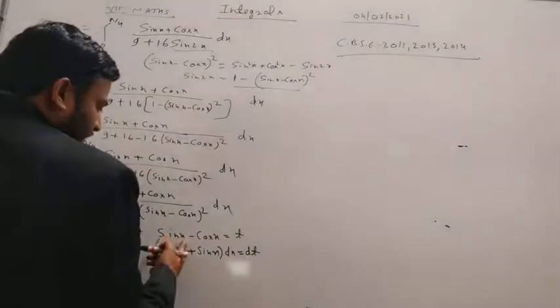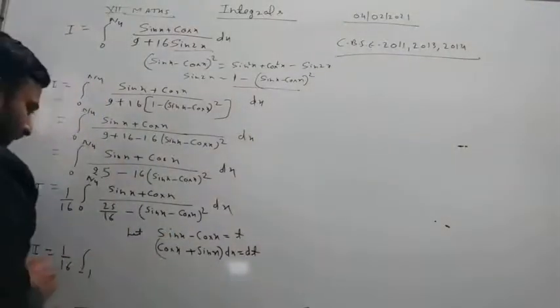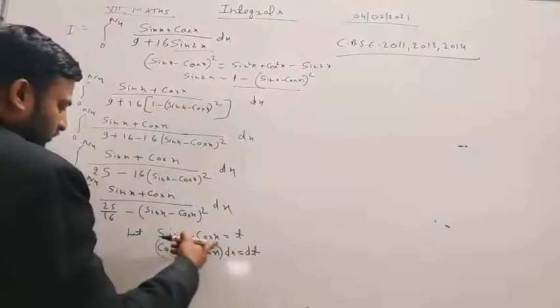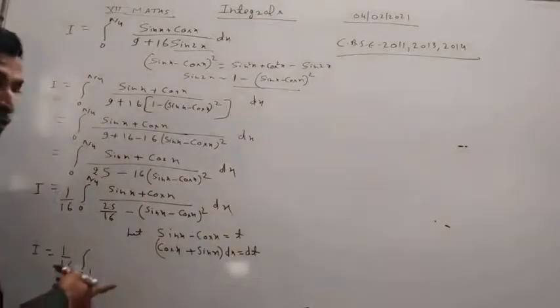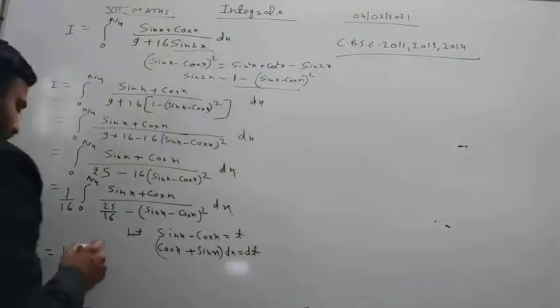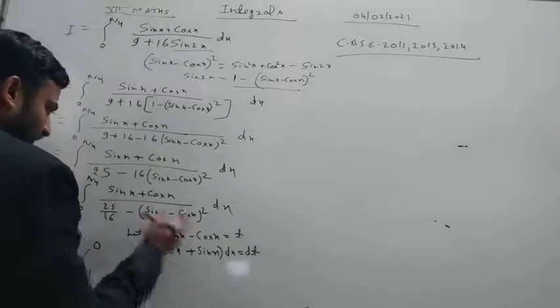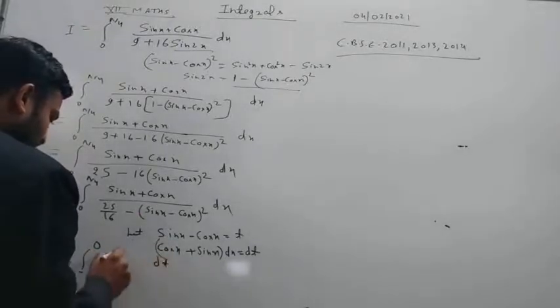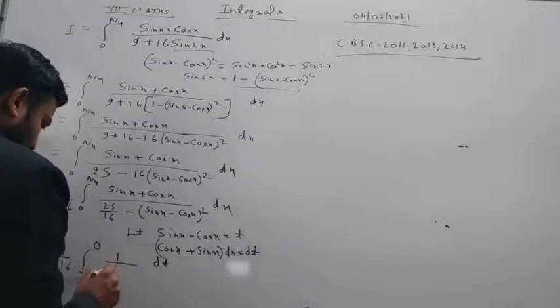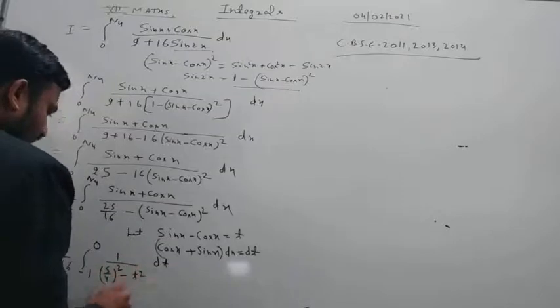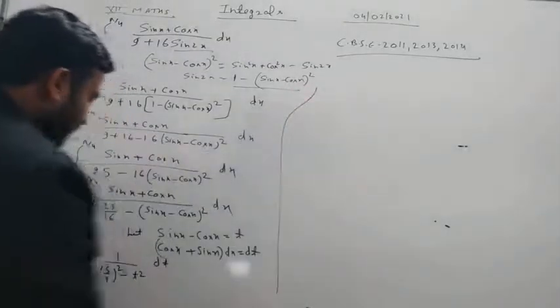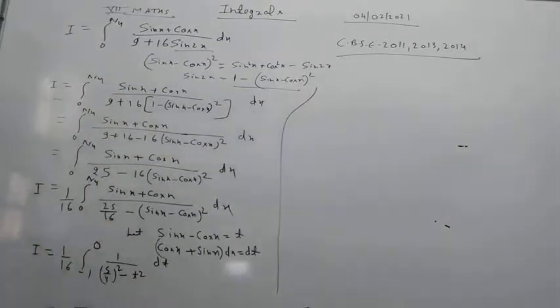When we put 0 here, this is minus 1, and we put pi by 4, so this will be 1 by 1 minus 1, which is equal to 0. So friends, this is cos x plus sin x, we can write dt by 5 by 4 whole square minus t square. Okay friends, so this we can write 1 by 5 by 4 square minus t square.